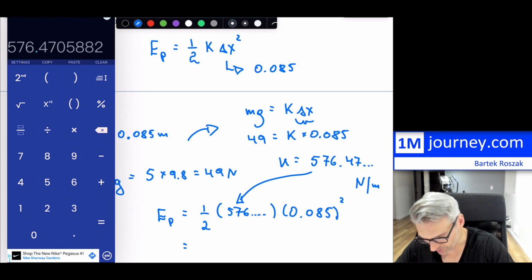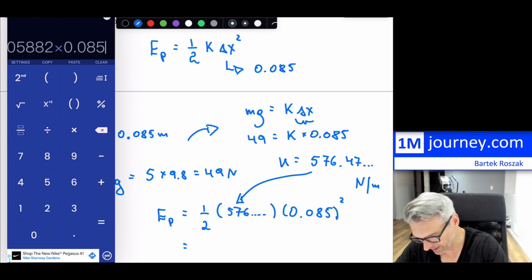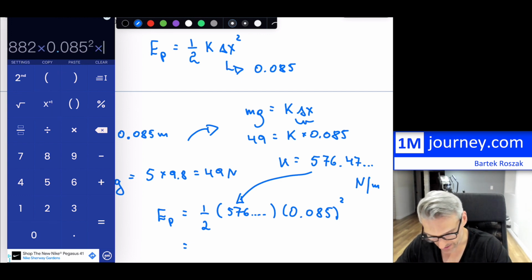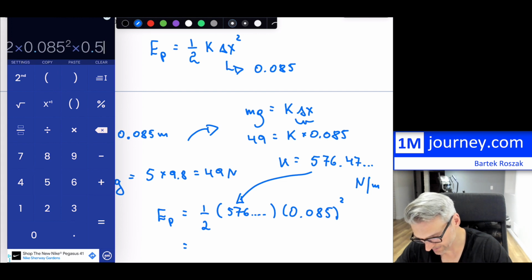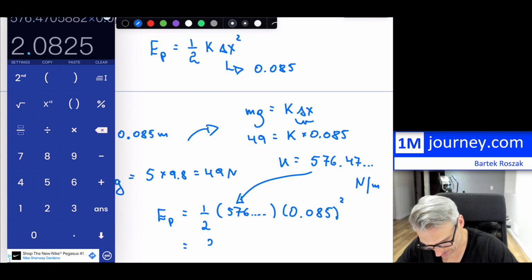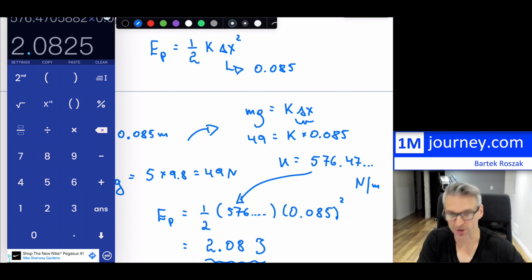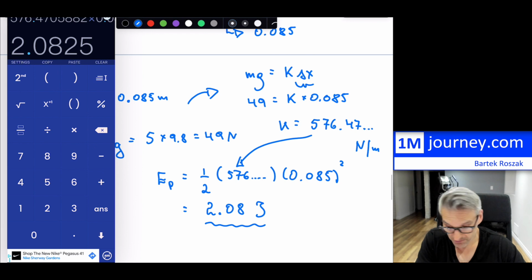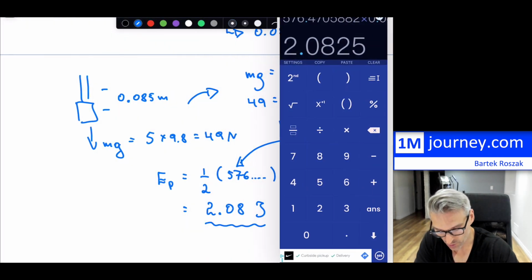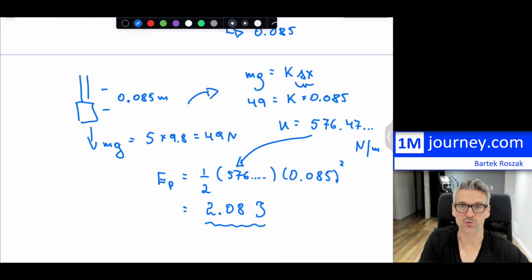Since I have this already on my calculator, I'm going to multiply this by 0.085 squared, and then I need that half. And there it is. Let's round it to 3 sig figs. This is not a lot of energy, right? It's about 2 joules of energy. So that's the last question and how you would solve it.